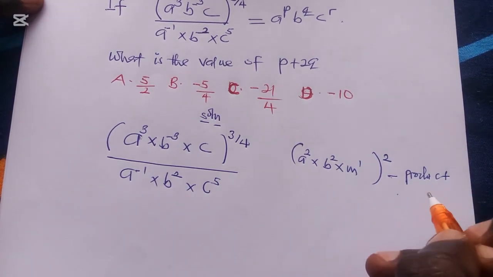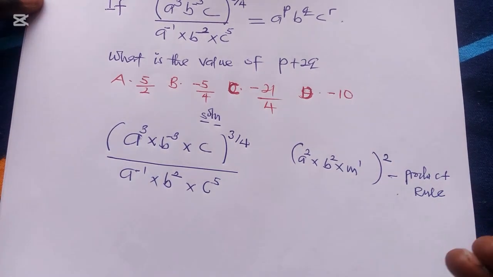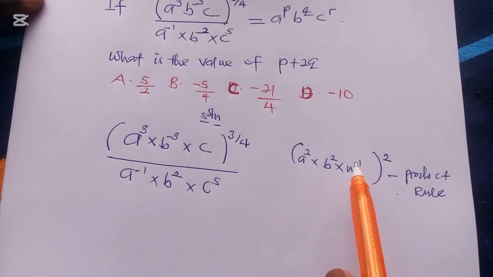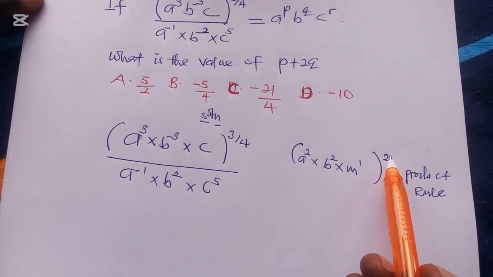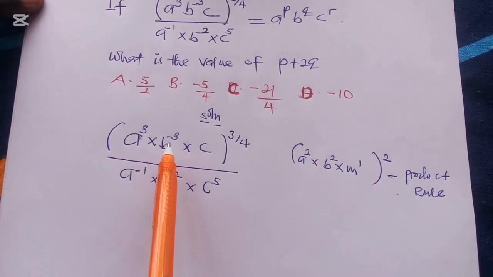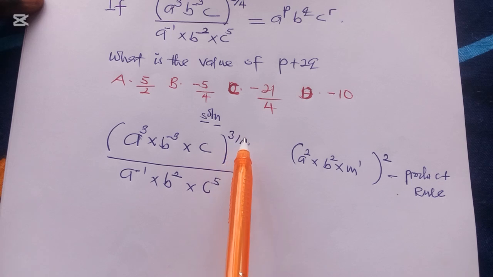The product rule is stated as having certain factors in a bracket. You just need to distribute this power over each factor. It means every factor inside this bracket is going to have its own power also.